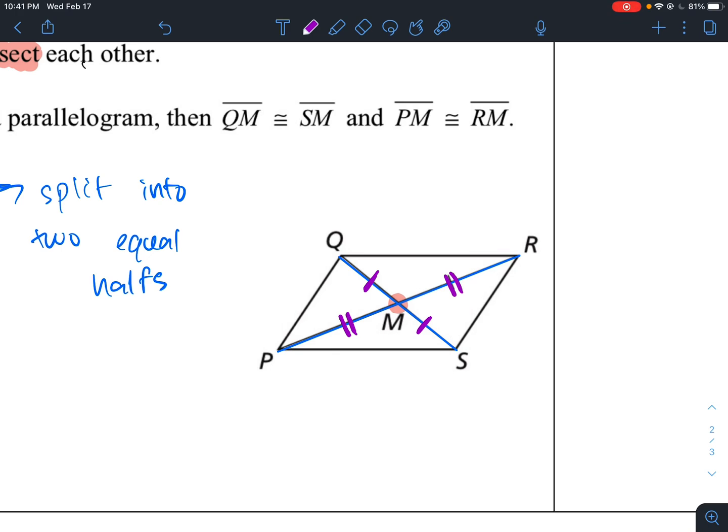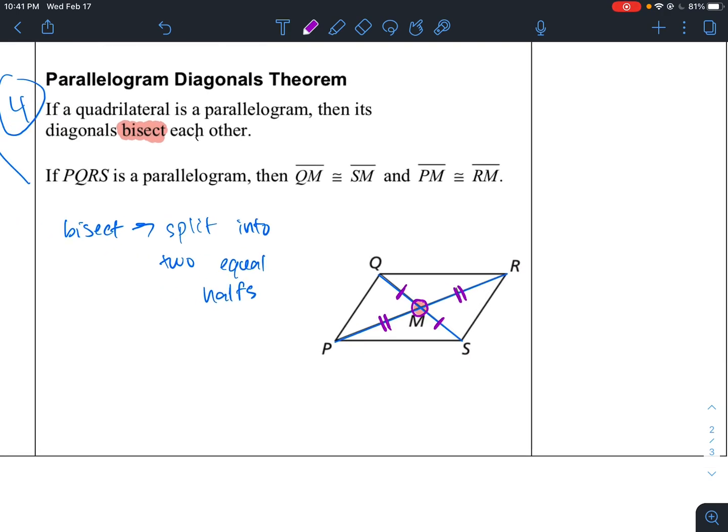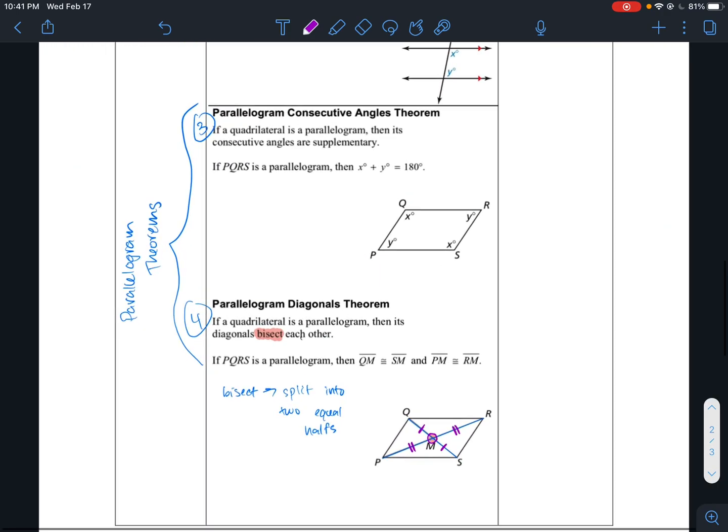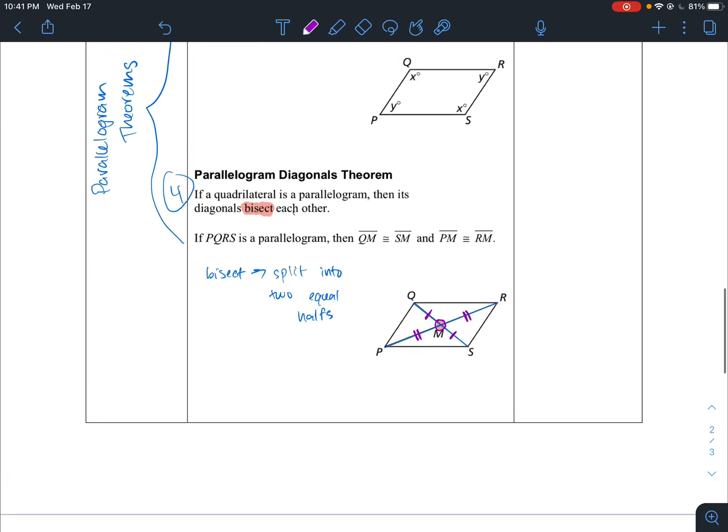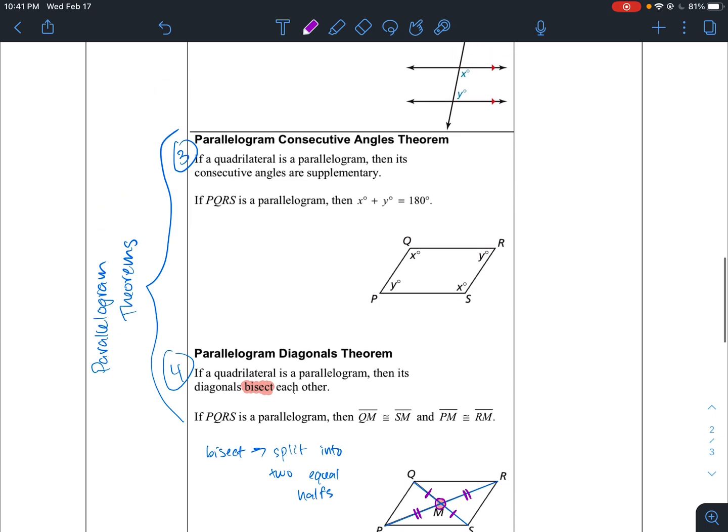It does not mean that this line right here is congruent with this line right here. We don't know that. All it's saying is that because they bisect each other, the lines are split into two equal halves. That's what these two theorems talk about.